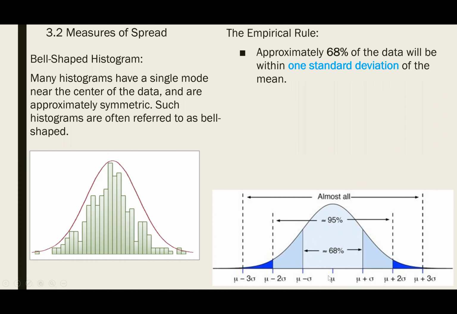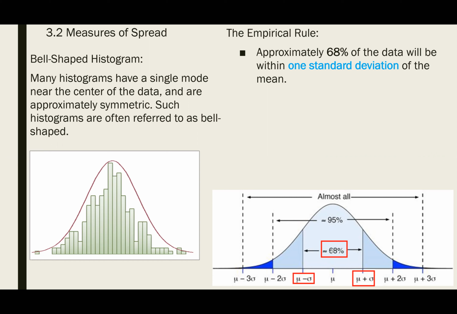The reason they say within one standard deviation, meaning if we take one step above and one step below, that will cover 68% of my data. Meaning again, between this number, whatever it is, and whatever this other number is, will include 68% of my data.